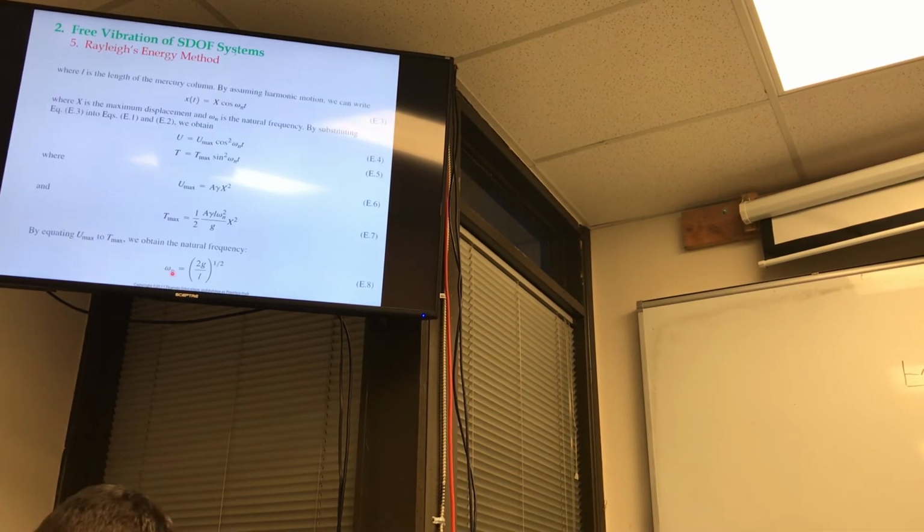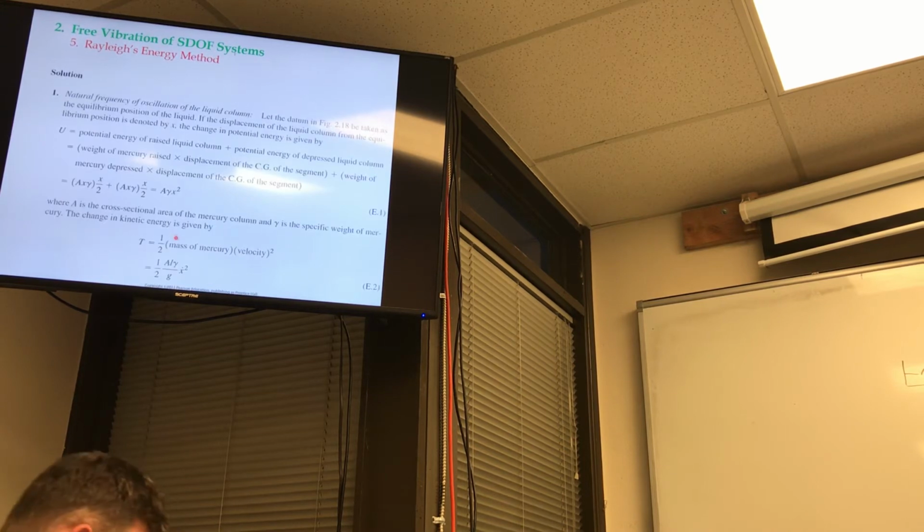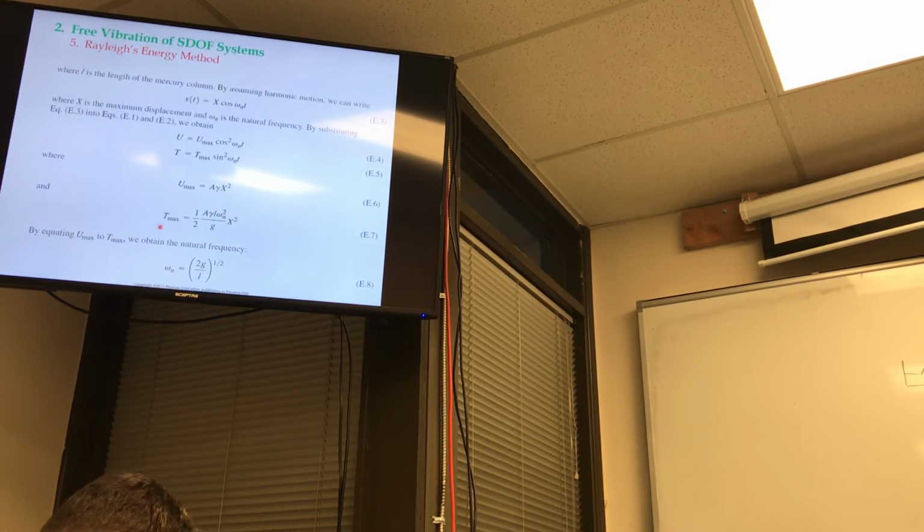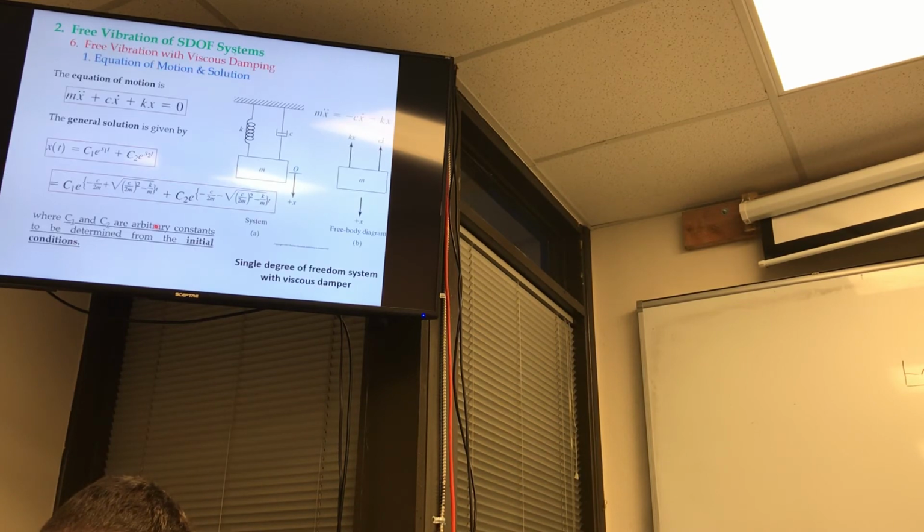Based on that, you can get your equation and do the rest, which we're not going to do here, because once you have your equation, you have your natural frequency, you are actually in business.